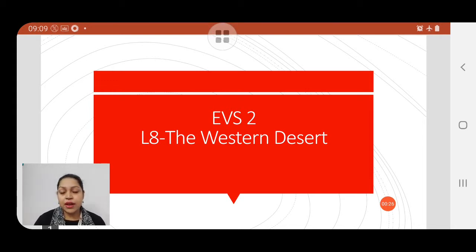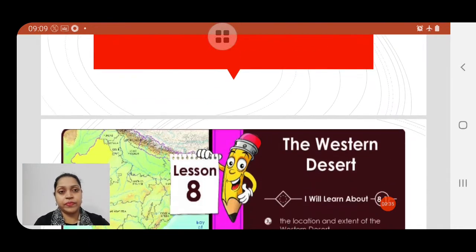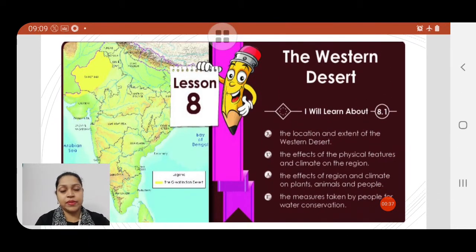So if you are ready with your textbook, you can take out this lesson. This is lesson number 8, the Western Desert. The Western Desert, the desert of India which is towards the west. And you can see in the picture itself, on the left hand side, a map of India.